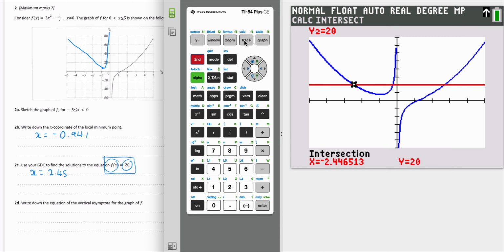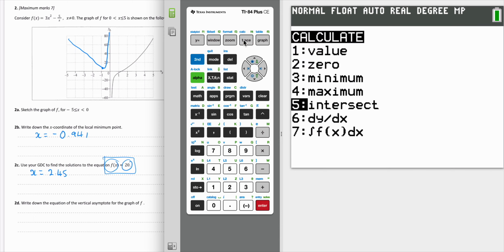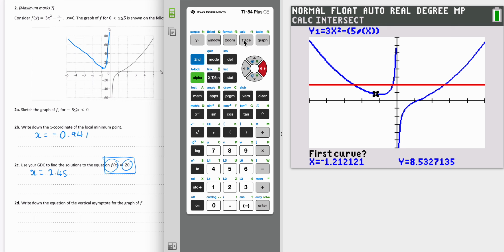Then we can find the next one. So again, we look for the intersection, and the intersection is this one here. And again, we can see there that we have a second solution at -0.252. And then the last one there is second function trace intersection.